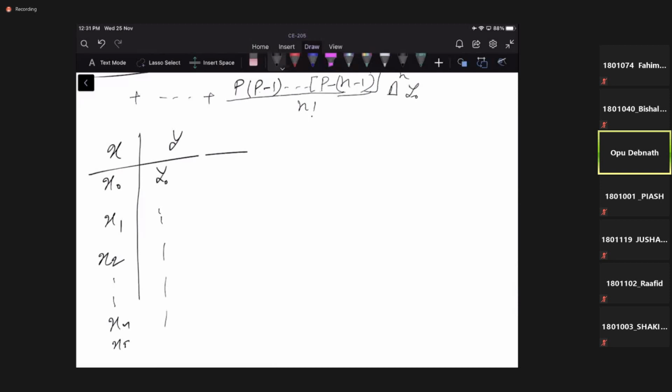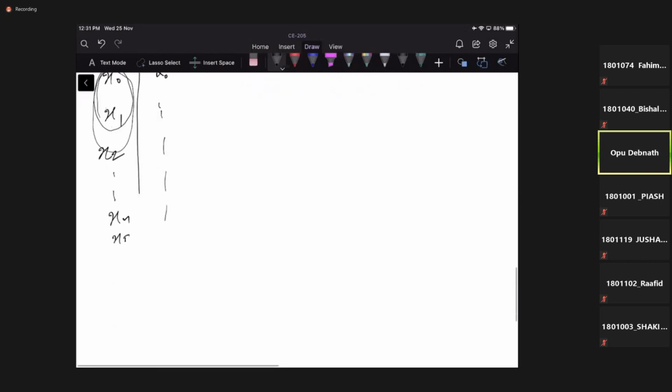If you need to interpolate any data within the first zone, that means the upper zone of the data set, we will use the forward difference formula. Again, if you need to interpolate any data on the backward side, we will use the backward difference formula.